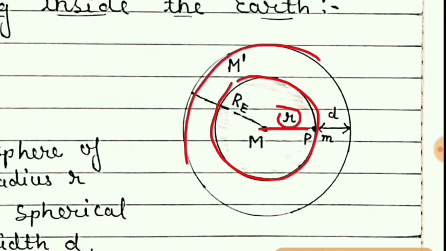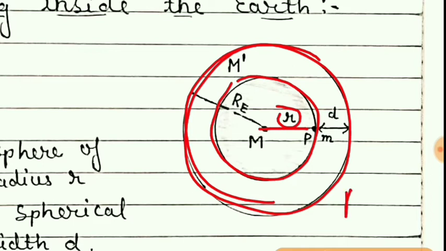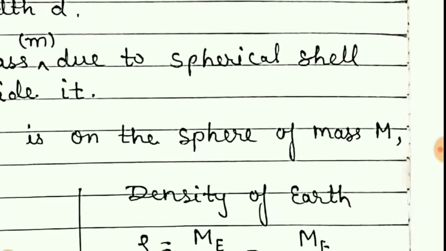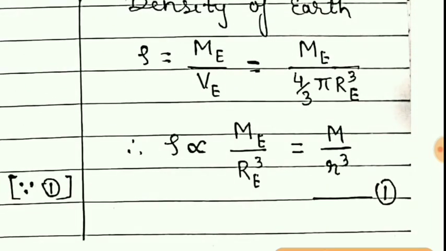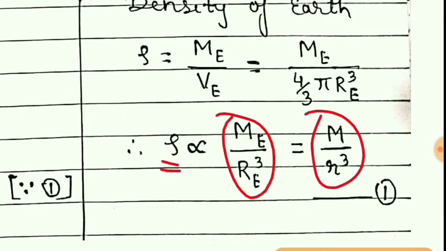If we consider the complete sphere, then its mass is mass of the earth, and then we have to consider that radius. Density is constant, that's why this is equal to this. So it is clear that in place of m upon r cube, we can put Me upon Re cube.